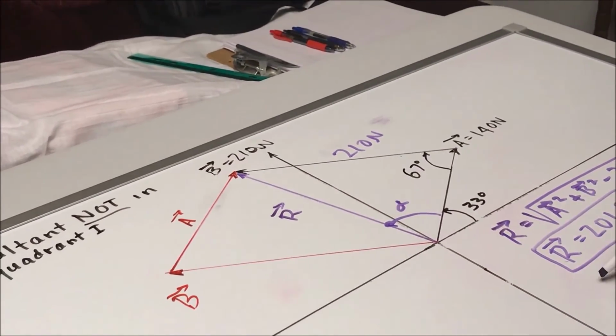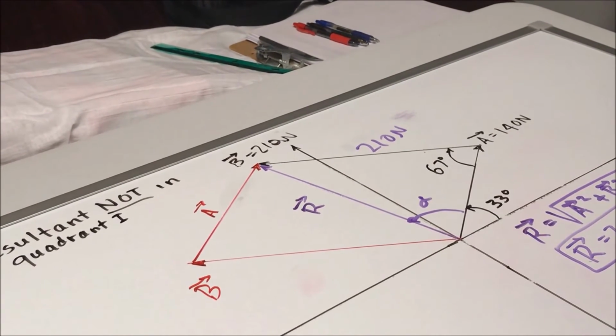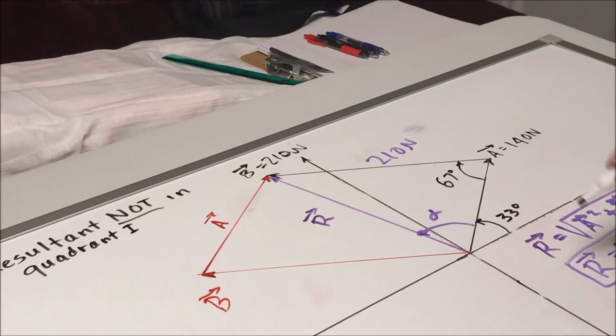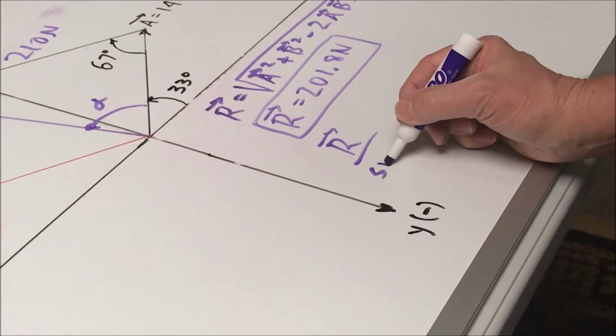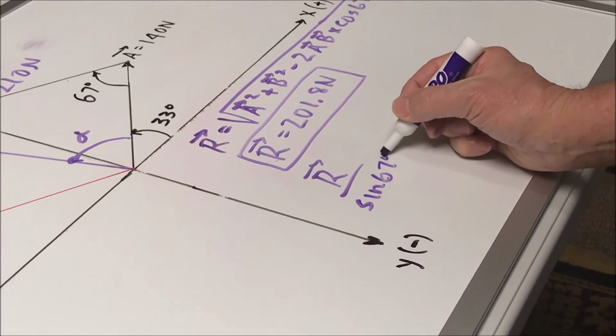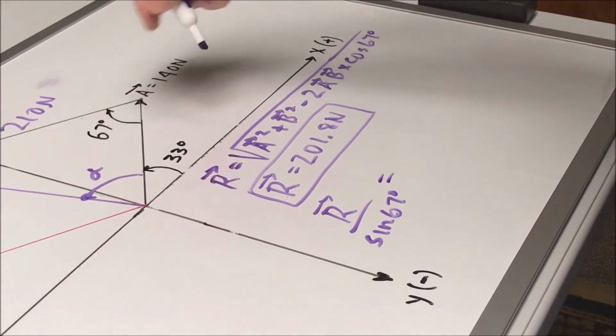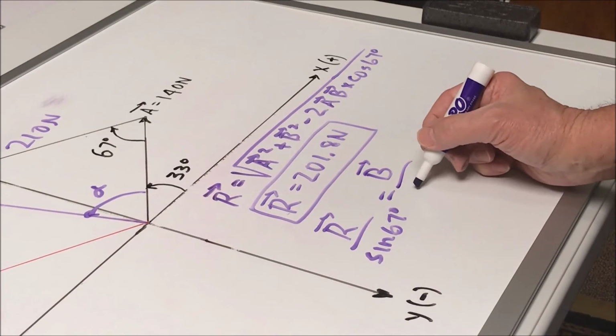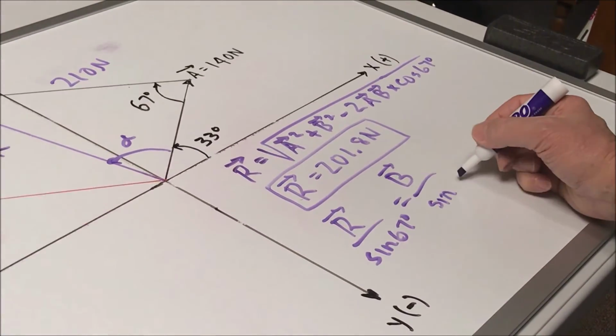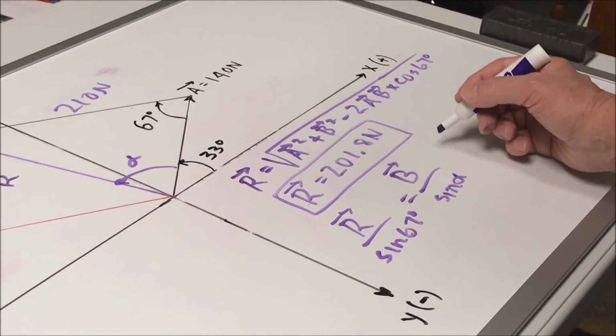So we can use the law of sines that says the resultant vector over the sine of the angle that's opposite the resultant vector, which is 67 degrees, is equal to the B vector divided by the sine of alpha.